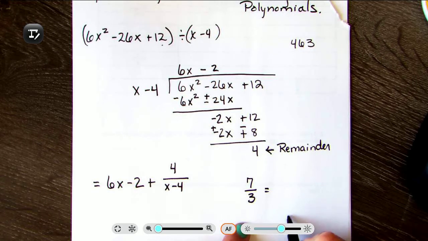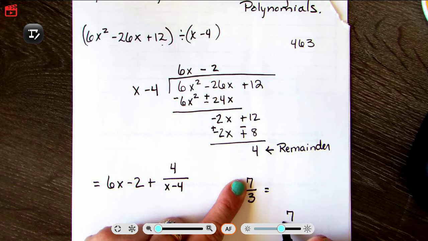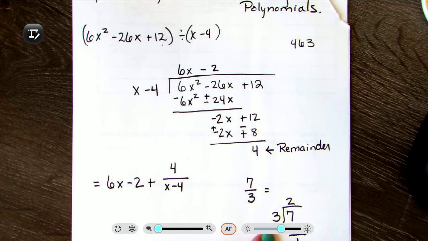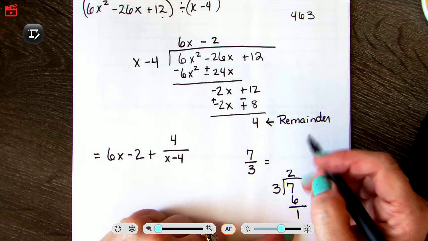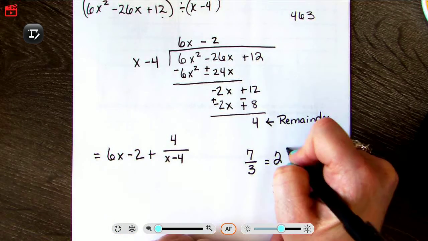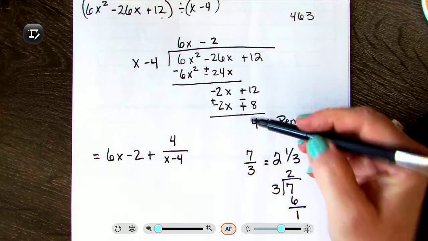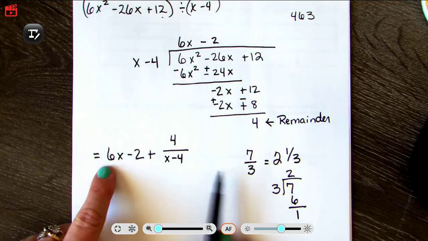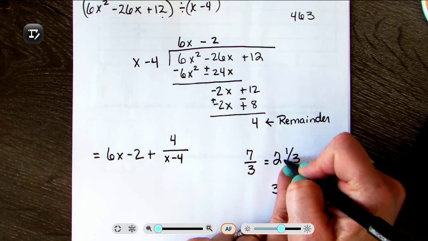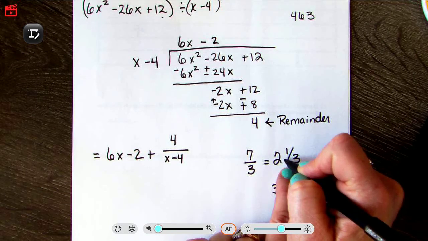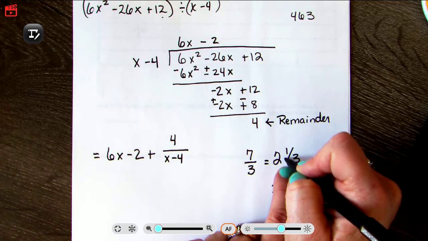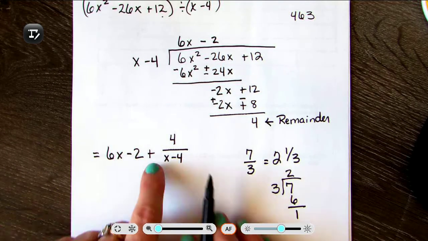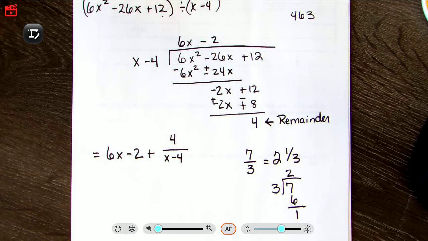If I did that long division, so I'm taking 7 divided by 3, goes in there 2 times, 6, and we get the 1 remainder. We would write this as 2 and 1/3. So the remainder over what we were dividing by. So similar ideas. And there is a little plus sign here. So this is 2 plus a third, 2 wholes plus a third of another one. So this is my whole part plus the remainder over that.